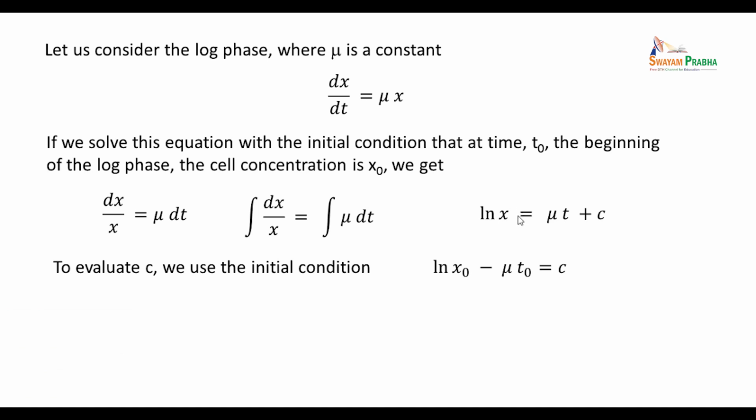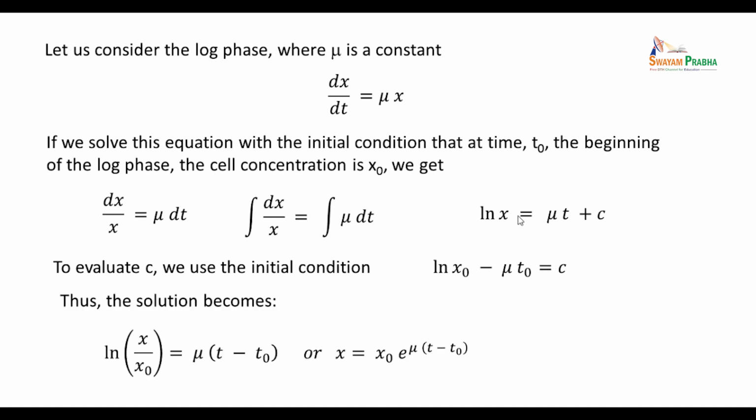So if you substitute it back into the expression, the solution becomes ln x equals mu t plus ln x0 minus mu t0. If we combine similar terms on either side, then ln of x minus ln of x0, which turns out to be ln x by x0, since ln a minus ln b is ln a by b, equals mu into t minus t0, taking mu common.